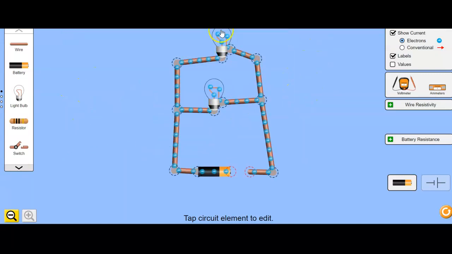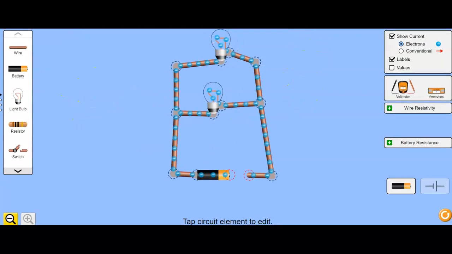So now we have a parallel circuit. If we look at this one, we've got multiple loops for current to travel through. So I'm going to connect all the wires. If you notice, once the electrons leave here, they can split right here. They can go one of two ways: to that light bulb or to this light bulb.